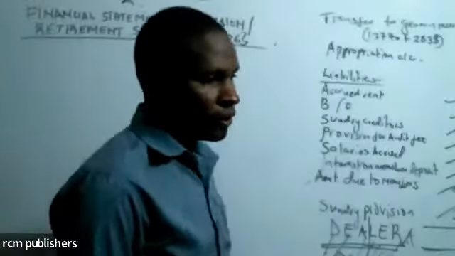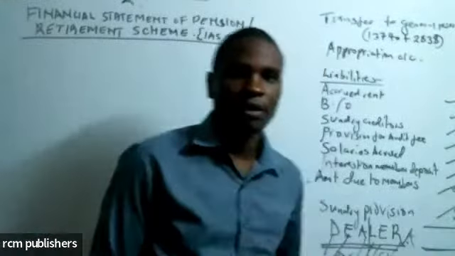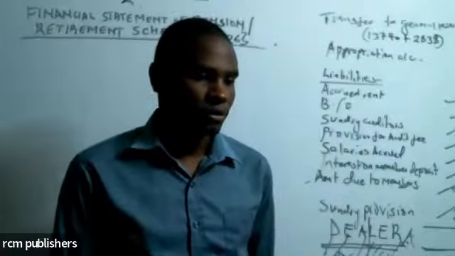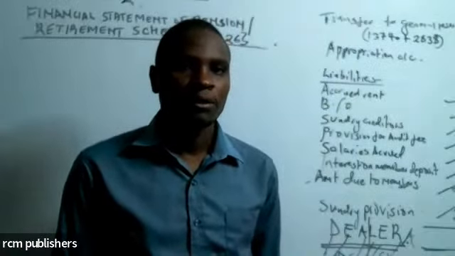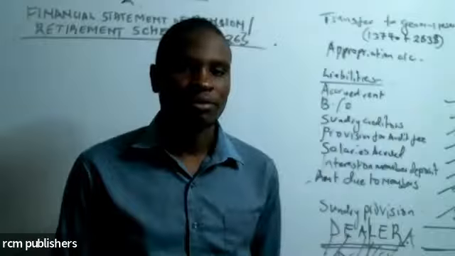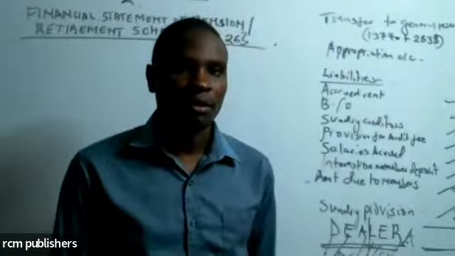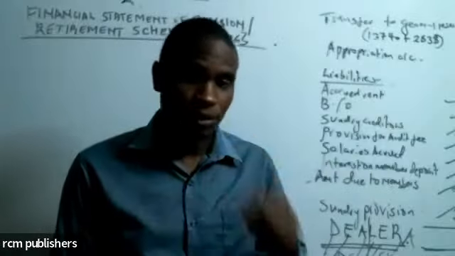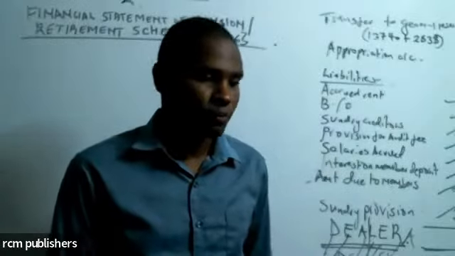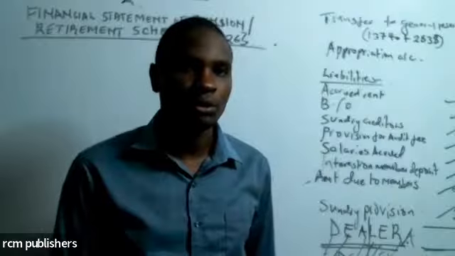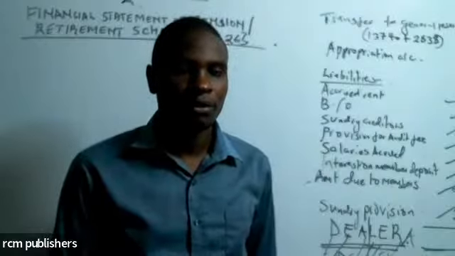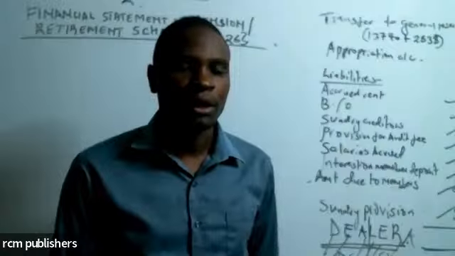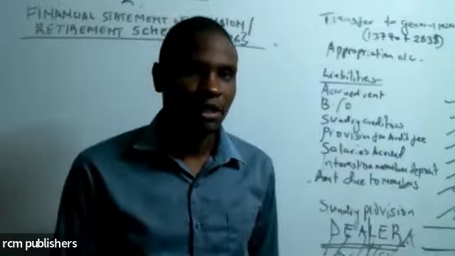So you find that the government provides a certain fund whereby you contribute your funds. After you retire, you're going to get your fund. You can get it fully or partially, depending on what you want. There are instances where people may get it partially.